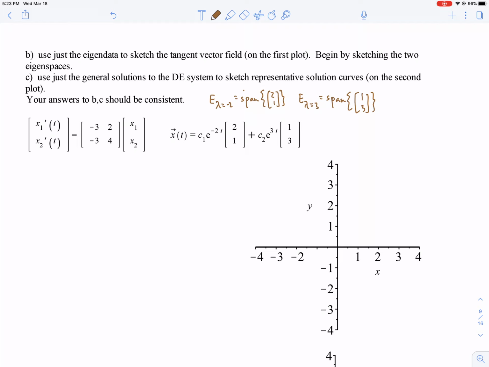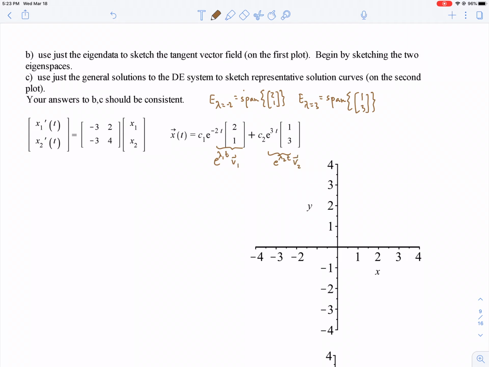So we know that each eigenpair gives us a solution e to the lambda t v. And so e to the minus 2t times (2, 1) is a solution, and so is e to the 3t times (1, 3).